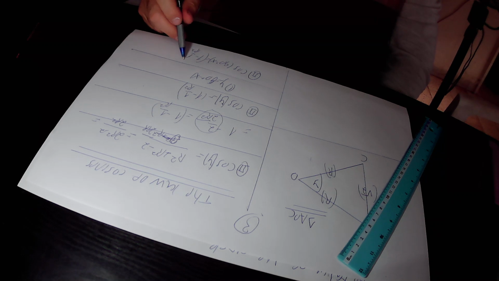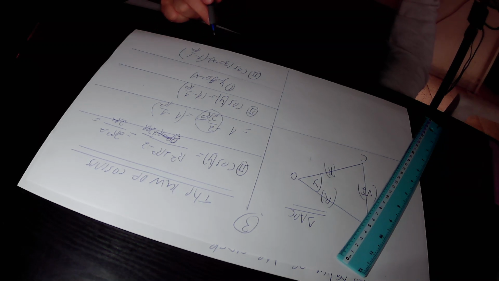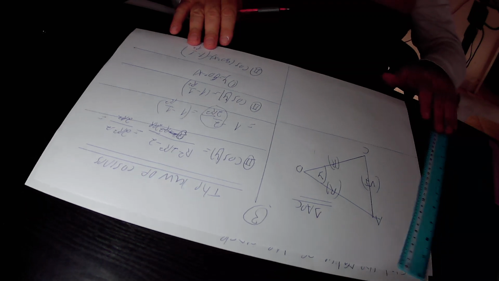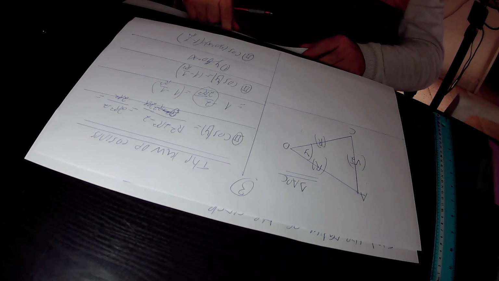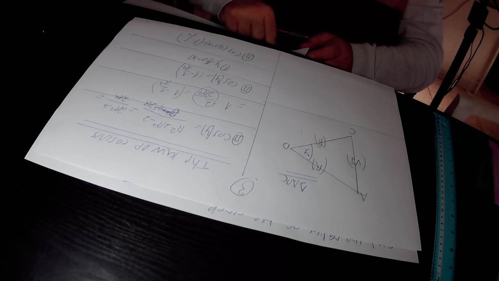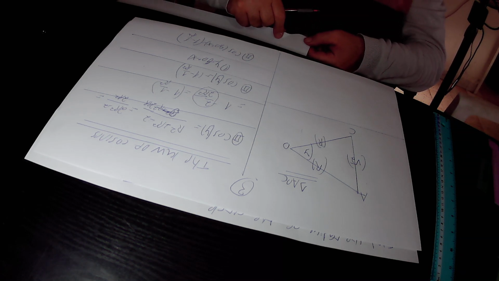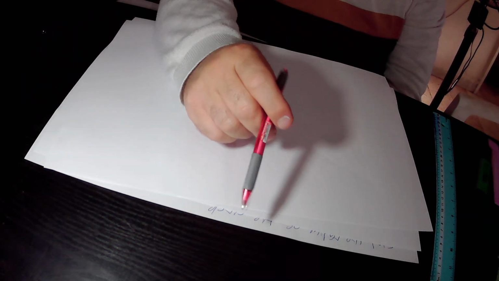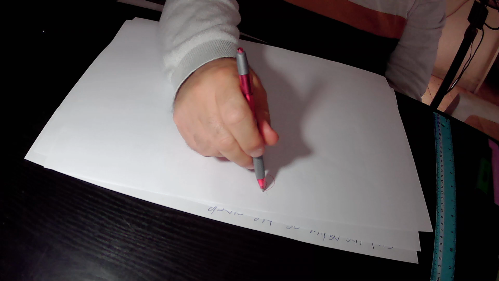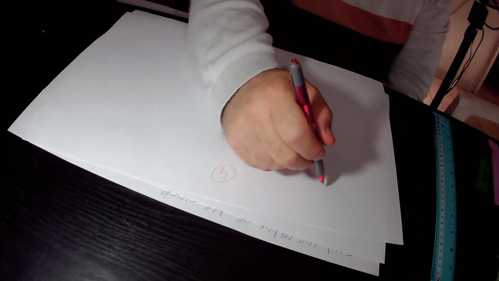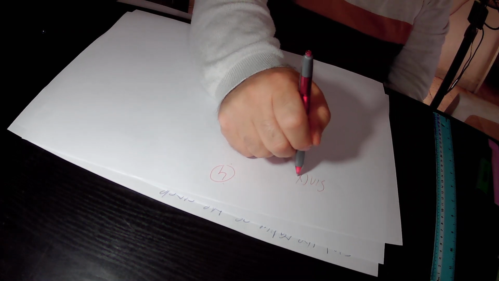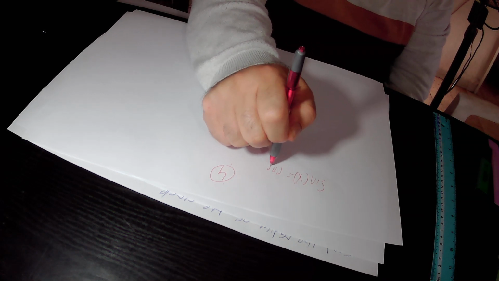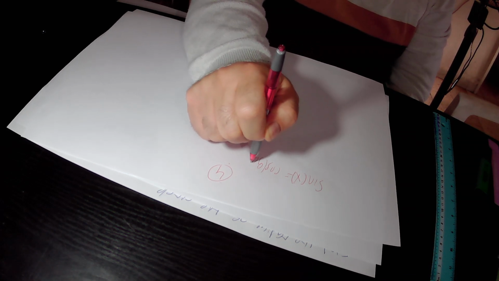So according to equation 2, we have found out that cosine of 90 degrees minus x equals 1 minus 1 over r squared. But we actually have the trigonometric identity that states that sine x equals cosine of 90 degrees minus x.